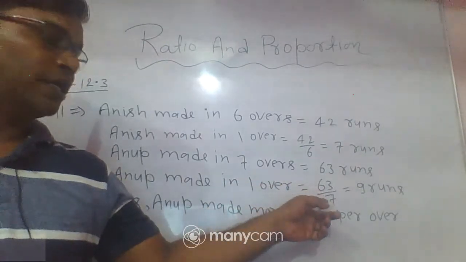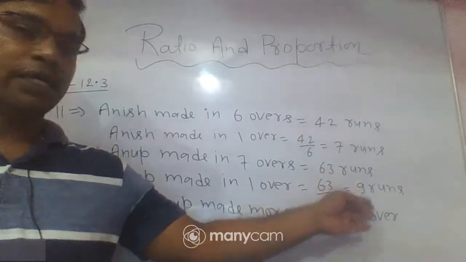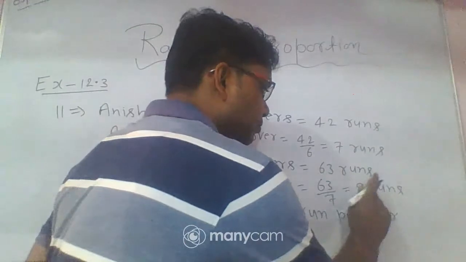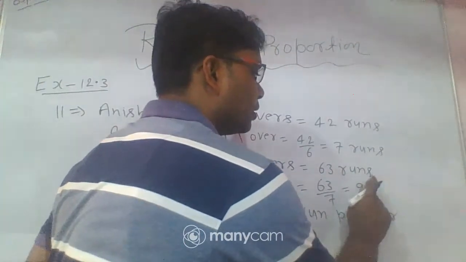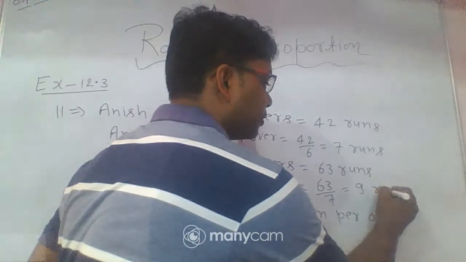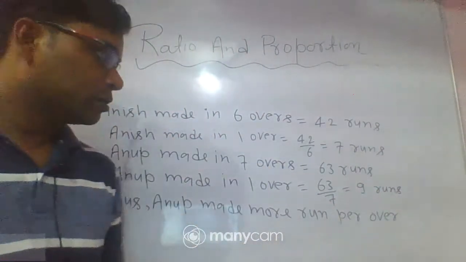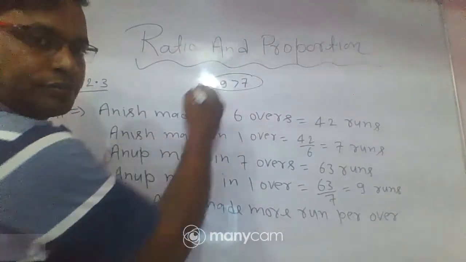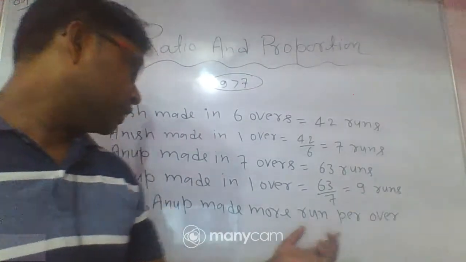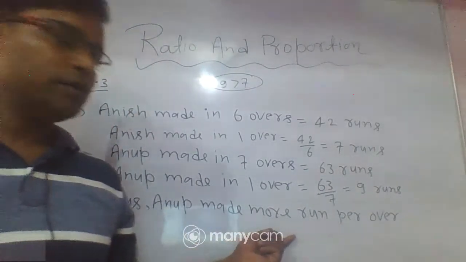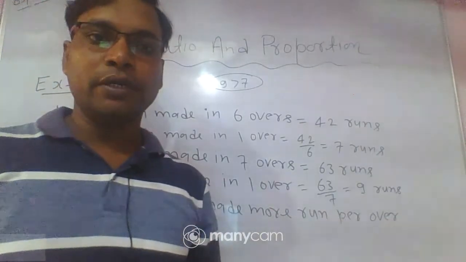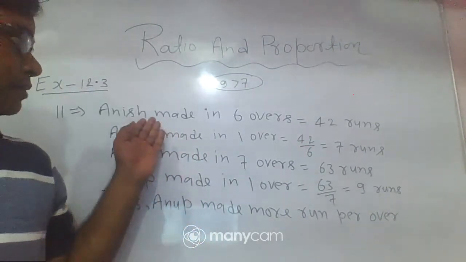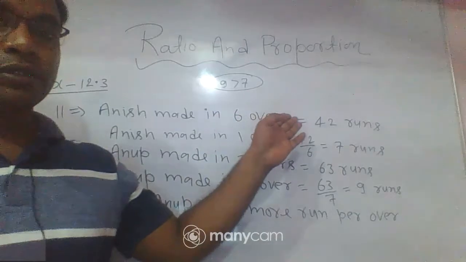So you find the number of runs made by Anup in 1 over: 63 by 7. In this way we obtain 9 runs, made by Anup in 1 over. Clear? So you know 9 is greater than 7. So in this way you can say Anup made more runs per over.